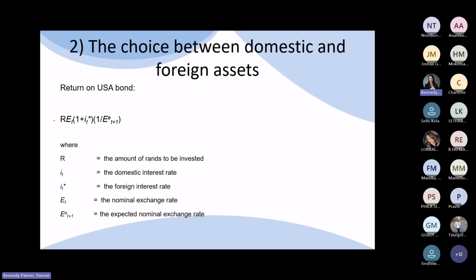So R is the amount of rands to be invested. E_t is the nominal exchange rate. The foreign interest rate, which is 3.8, is the interest rate for the USA bonds that we were given, and then 1 over the expected nominal exchange rate.